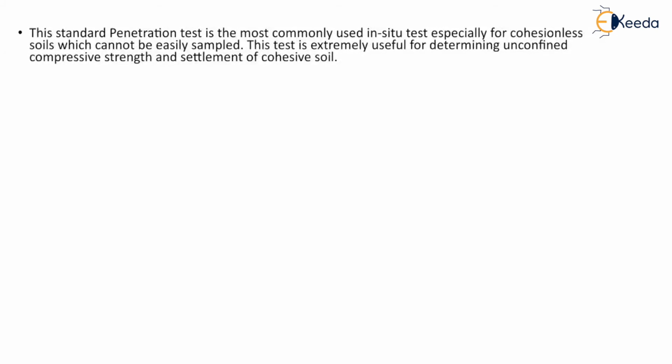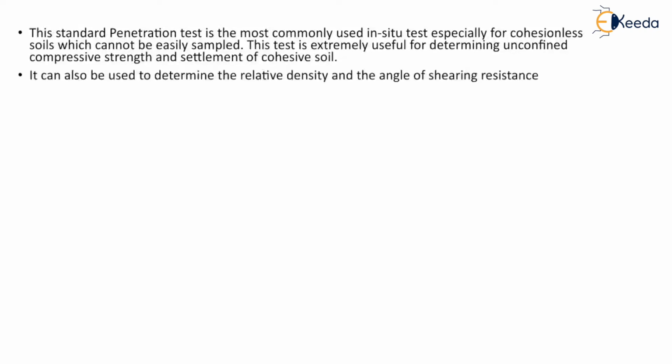This test is extremely useful for determining unconfined compressive strength and settlement of cohesive soil. It can also be used to determine the relative density and the angle of shearing resistance.